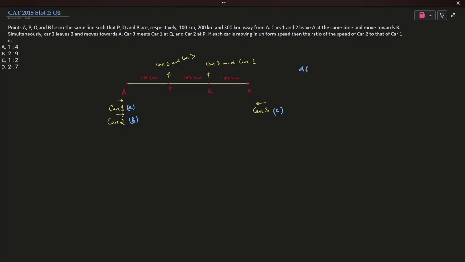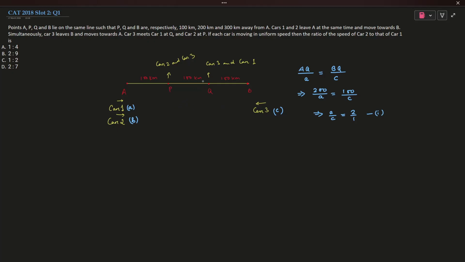That means distance by speed: car 1 has traveled a distance of AQ with the speed of A. This should be equal to the distance traveled by car 3, which is BQ, by speed C. AQ is 200, BQ is 100. So 200 by A is equal to 100 by C. From here I can say A by C is equal to 2 by 1. This is my first relation.